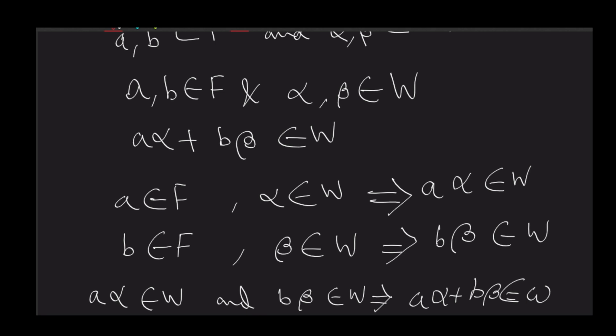So a alpha plus b beta should belong to W. Now this condition therefore is necessary. So first, this is closure under scalar multiplication, this is also closure under scalar multiplication, and then it is closure under addition.